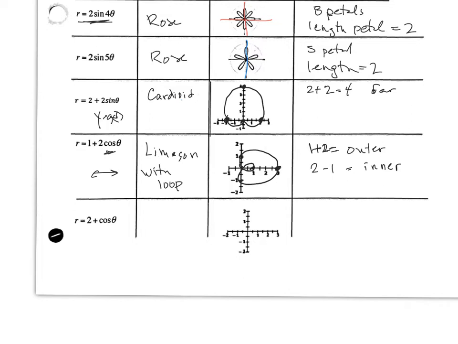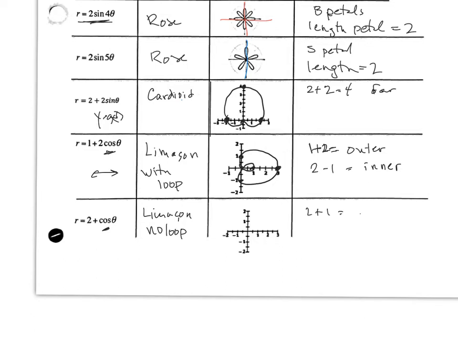Now the limacon with no loop, this is cosine again. And you can tell by the graph that it's oriented left and right because it's cosine. This one does not have a loop. It has symmetry with the x-axis. So we do the 2 plus 1 thing again, and that's going to be kind of our far edge.